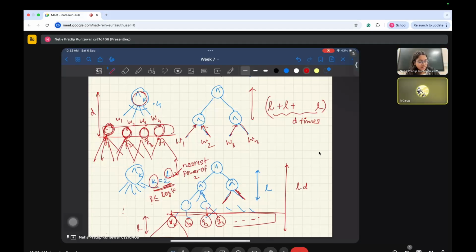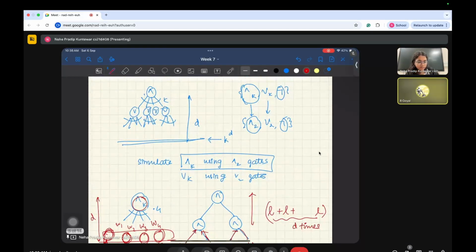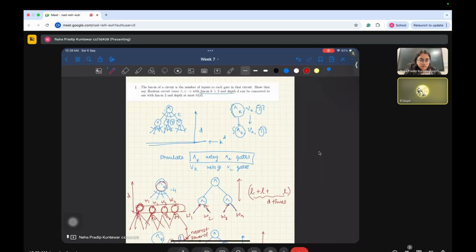And then this is nothing but order T, of the order of T, assuming that this K is a constant. It could be a pretty large number, but then this is a constant, right?